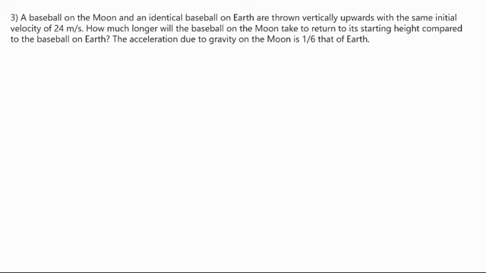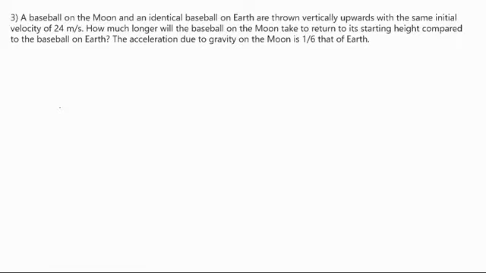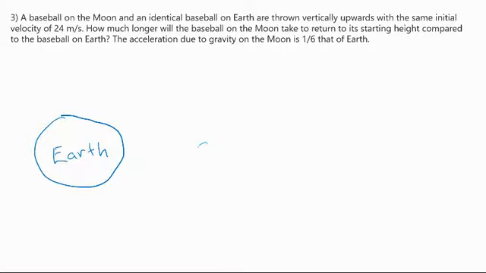All right, so now for this one, it says a baseball on the moon and an identical baseball on Earth are thrown vertically upwards with an initial velocity of 24 meters per second. So this is Earth, and I don't know what color we'll make the moon, light blue.